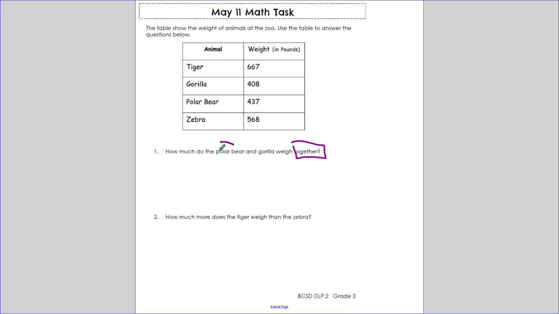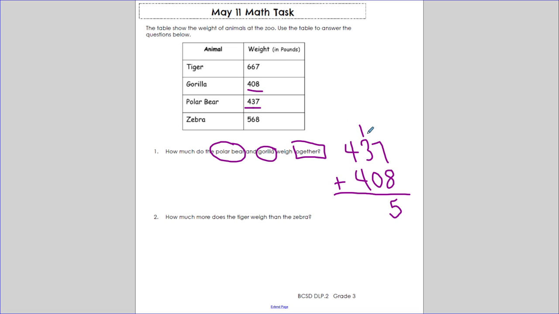So I want to find the polar bear. Polar bear up here is 437. And I'm going to put that with the gorilla, which is 408. Like I said, when I put something together, that means I am adding them up. So starting again in the ones place, I have 7 plus 8. 7 plus 8 is a near double, so that's 15.